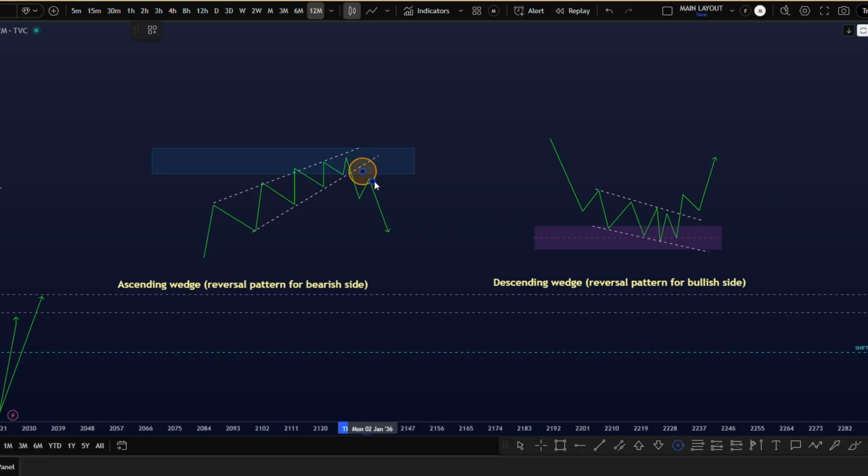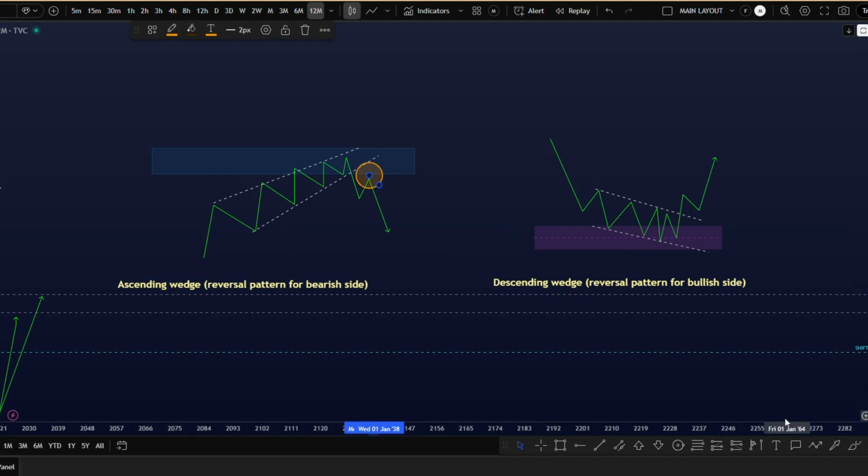I like to see these patterns and take a trade somewhere here. And the descending wedge is just the opposite. Both are reversal patterns. I like to use the descending wedge for the bullish side and the ascending wedge for the bearish side.